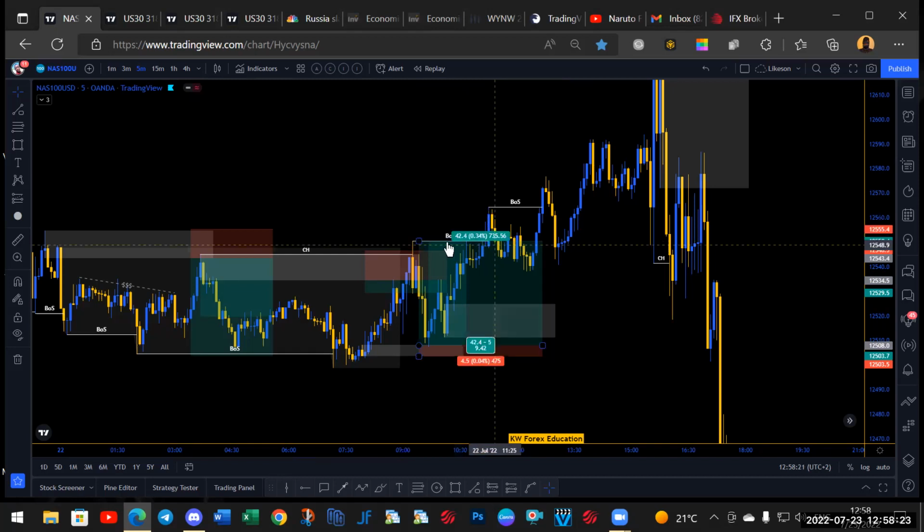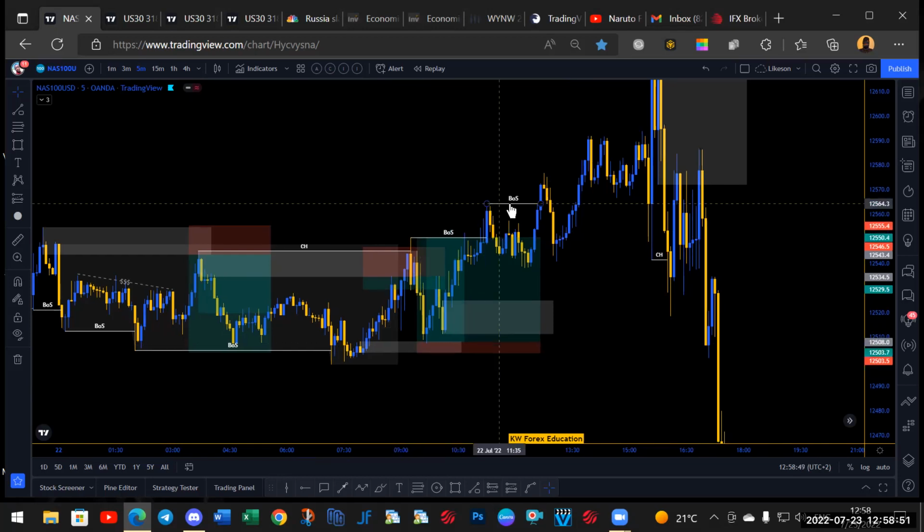This is why we're just considering this as one movement. We only consider these wick outs when it comes to change of character. But when it comes to break of structure, you want to see the whole candle closing above your high or below your low.